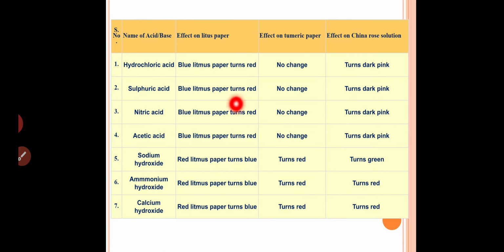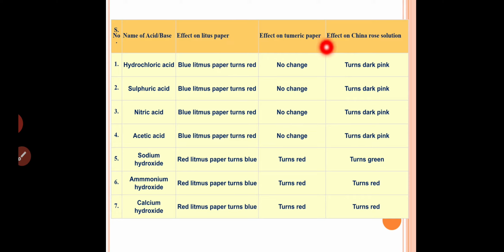Now, some acids and bases are present over here, and the effects on litmus paper are given, and the effect on turmeric paper is also given, even for China rose. So if we take the first example, that is hydrochloric acid. It is available in our science lab.